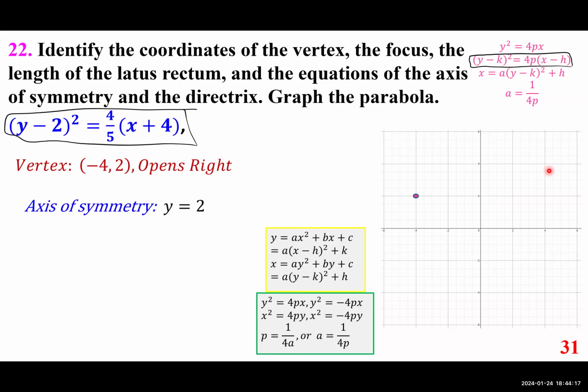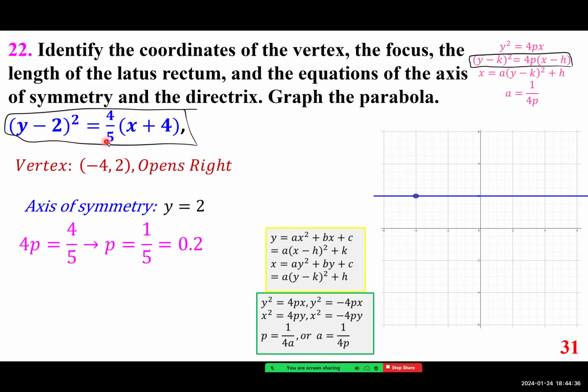So we have the vertex at -4, 2. We have the axis of symmetry, y equals 2. And 4p is 4 over 5. P becomes 1/5, or 0.2. What does it mean?